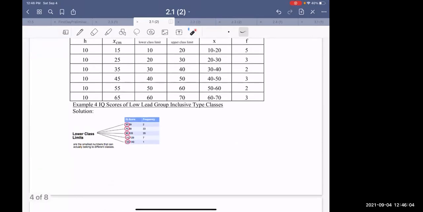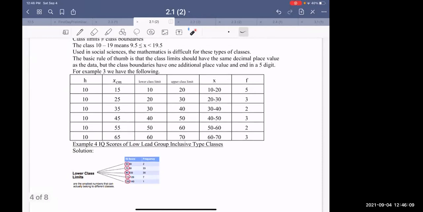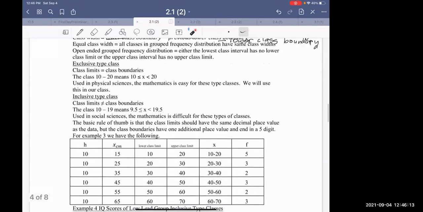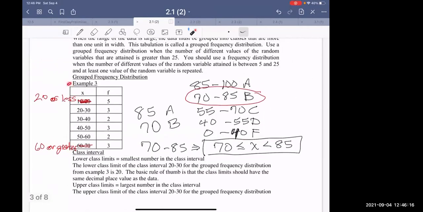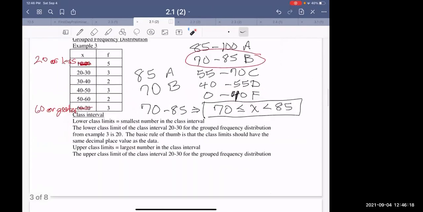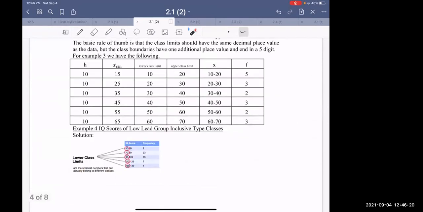So let's look at this. In our example here, five numbers between 10 and 20, 3 between 20 and 30, 2 between 30 and 40, 3 between 40 and 50, 2 between 50 and 60, 3 between 60 and 70.